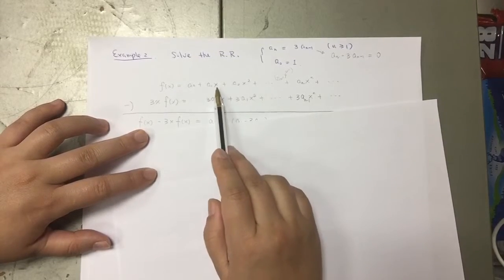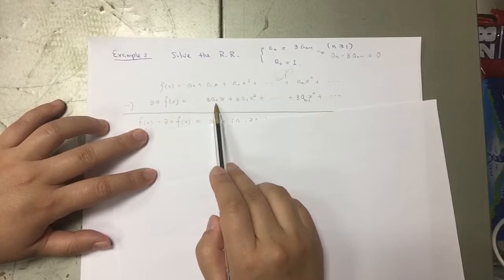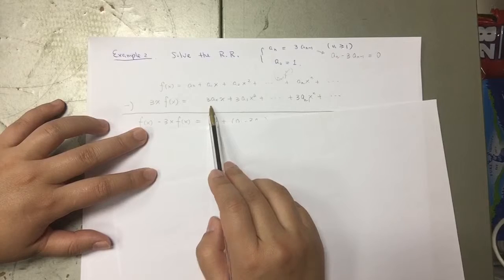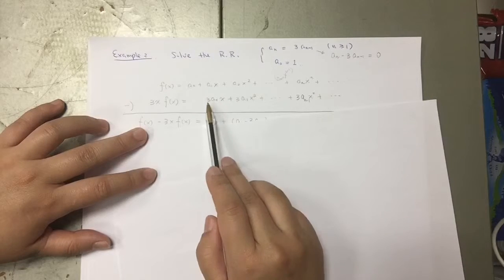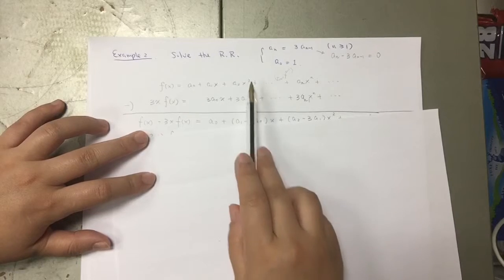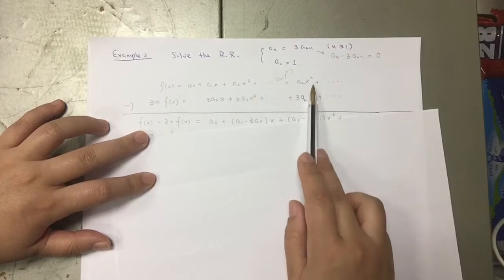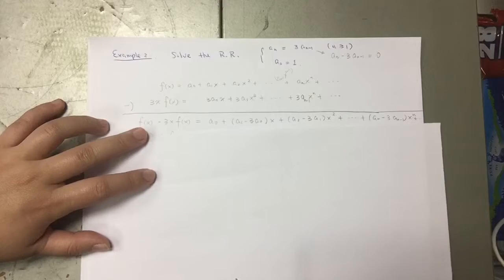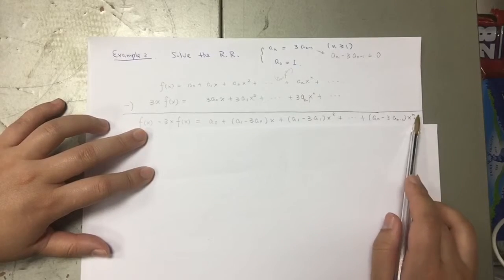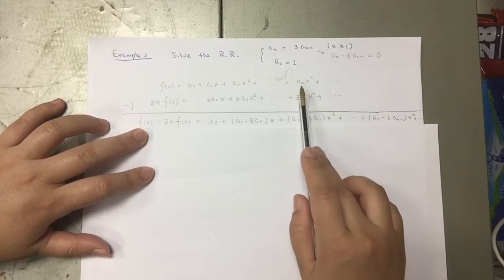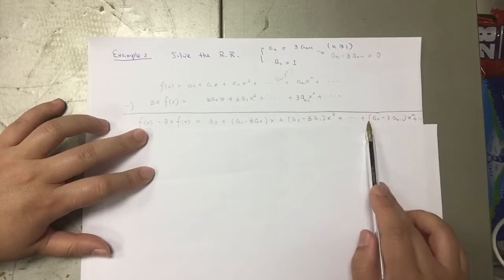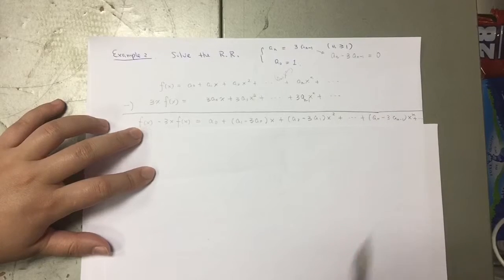To subtract these two terms for x, I can pull out the x and just subtract the coefficients in front, giving a_1 minus 3a_0. That's this term. Similarly, you could combine all the terms with the same x power. In general, for the nth power of x, we will have a_n minus 3a_{n-1}, which is right here.